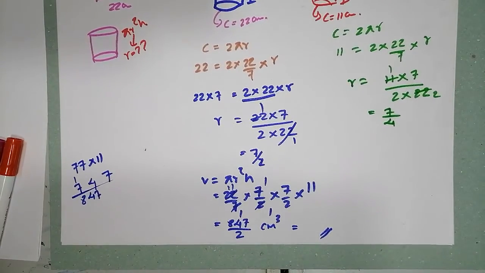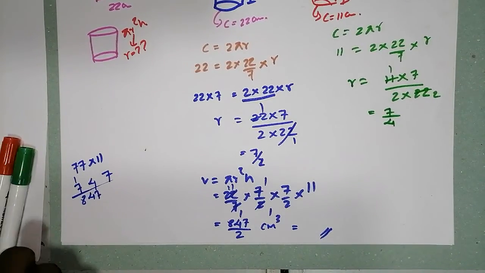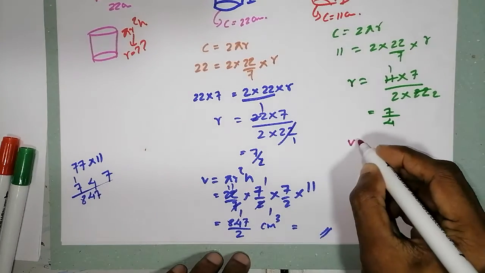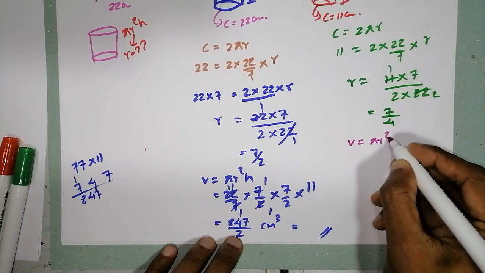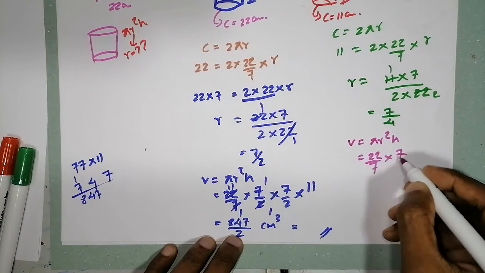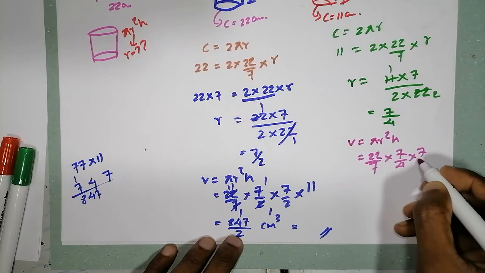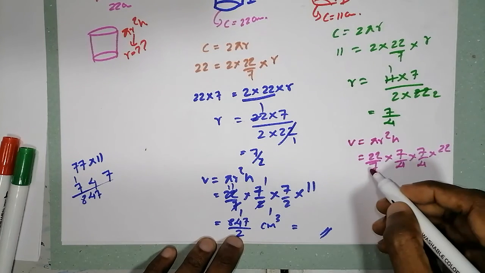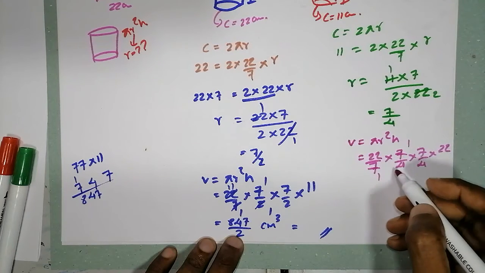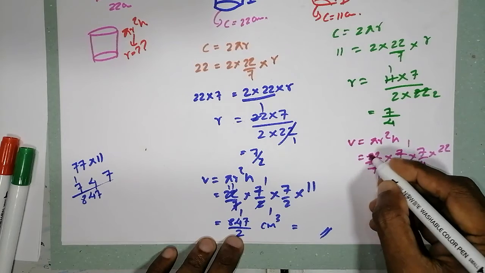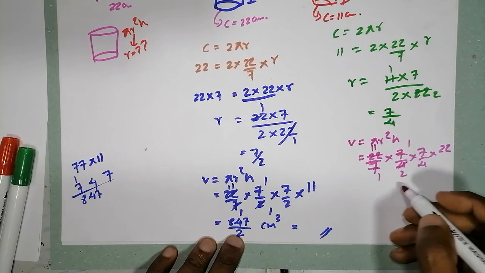We can easily substitute for the r in the volume. So volume equals pi r squared h. 22 over 7, and 7 over 4 into 7 over 4, and the height is 22. 7 times 1, 7 times 1. If you divide by 2, it's 2 and 11.